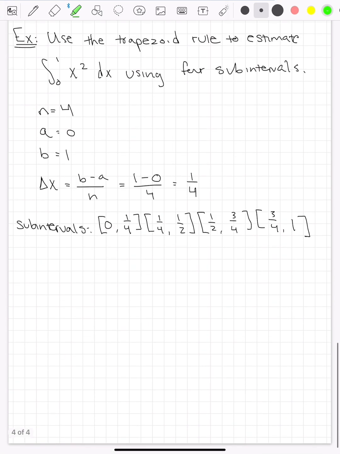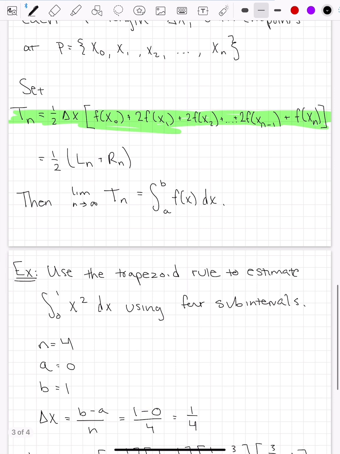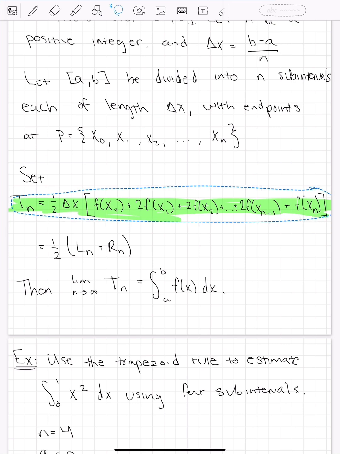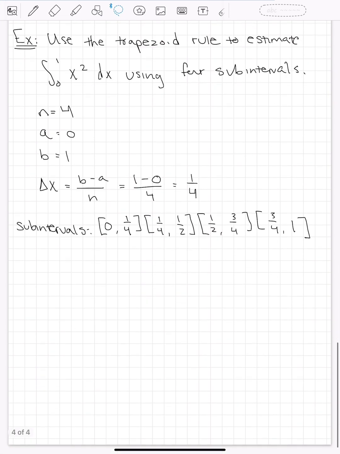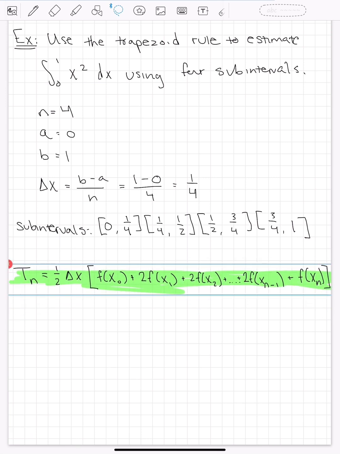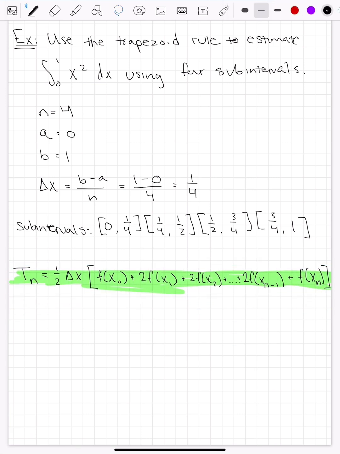So I'm going to take that formula, but I'm going to do T4 instead of Tn. Notice this is my x0, this is my x1, my x1 again, my x2, my x2 again, my x3, my x3 again, and this is my x4.